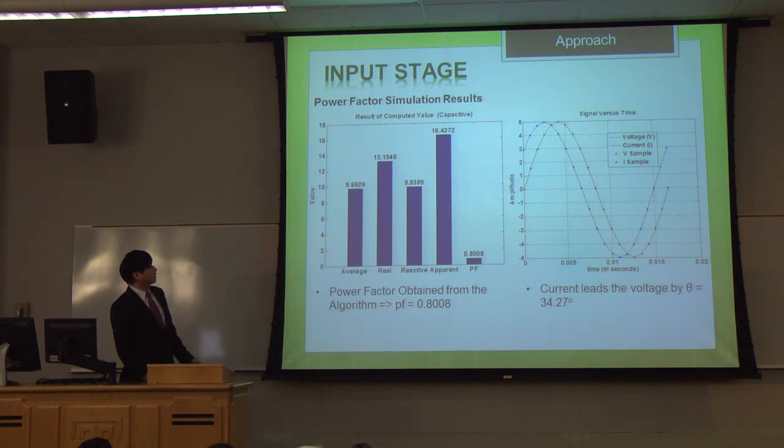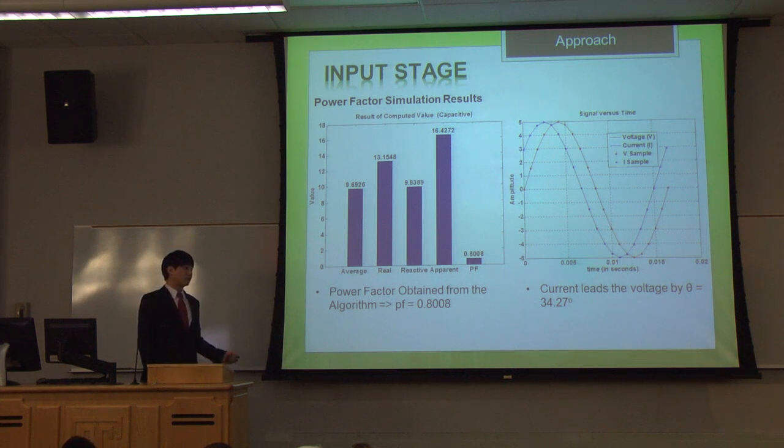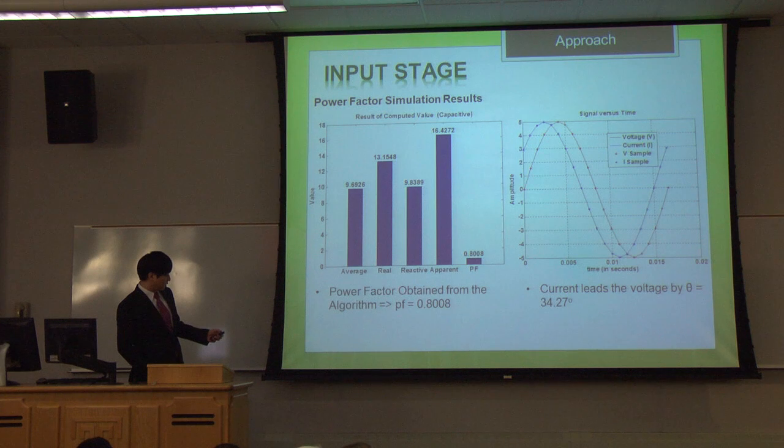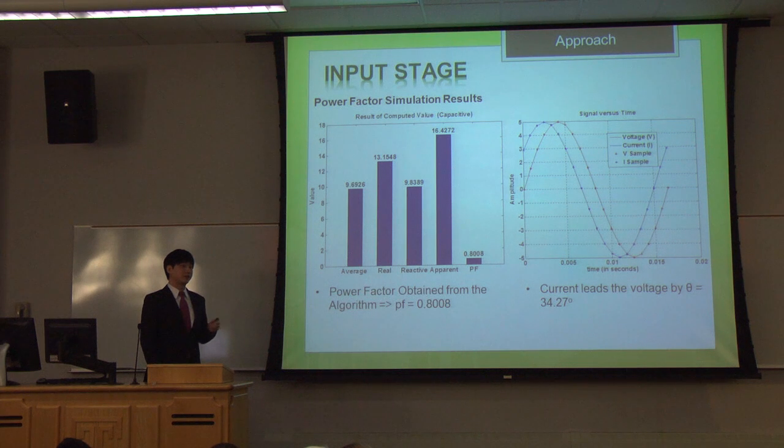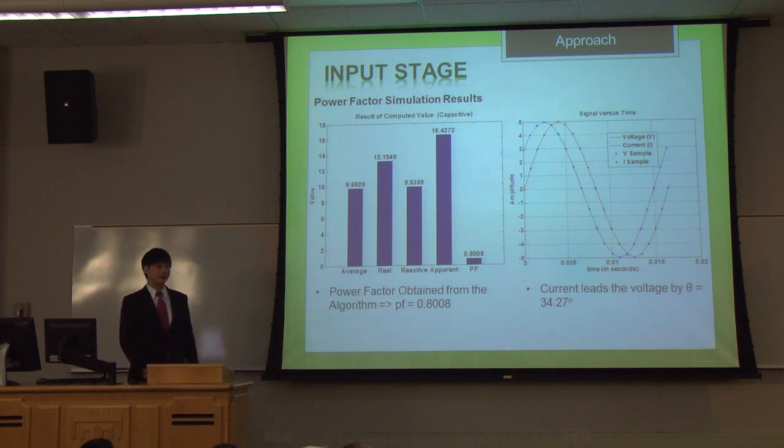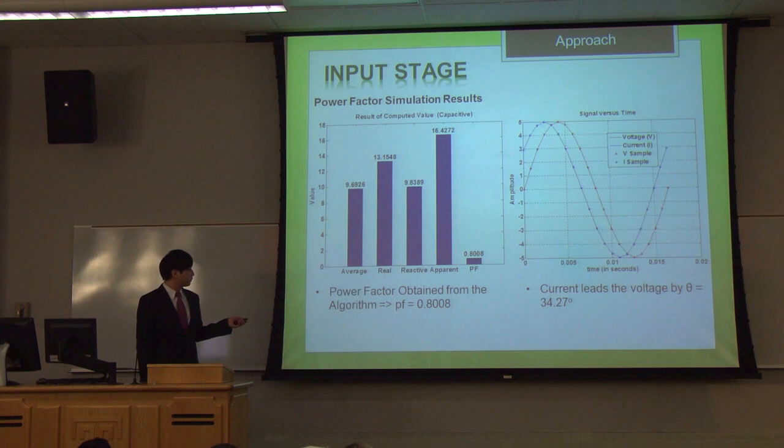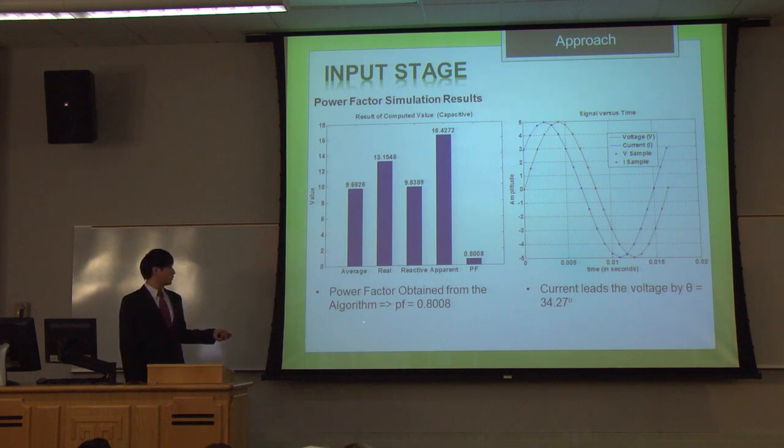And the second plot is showing the reconstructed signal of the voltage and current samples. And these two horizontal points are showing the phase difference, which is 34.27. When you calculate the cosine of theta, you get the power factor, which is about 0.8.